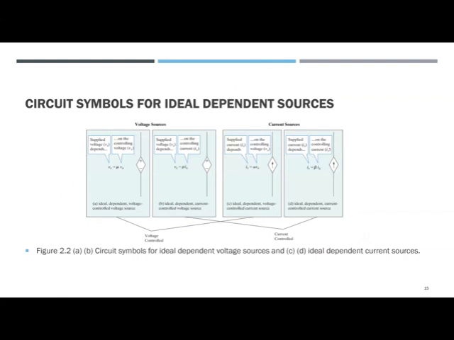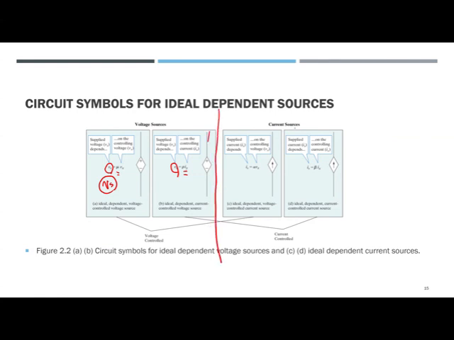All right. So that is summarized in our circuit symbols for ideal dependent sources. The first one is a voltage source, because of V sub S, and mu is the gain, V sub X the controlling voltage. We want to call this an ideal dependent voltage controlled voltage source. The second one is again a supply voltage dependent, and the controlling current I sub X multiplied by rho, rho times I sub X. So that was for source voltage.